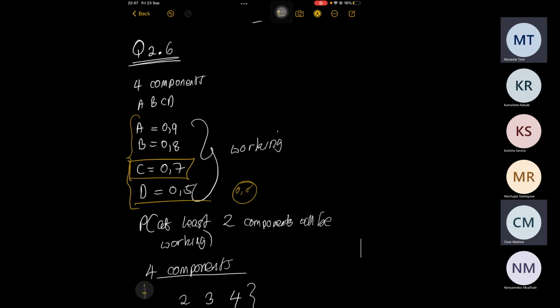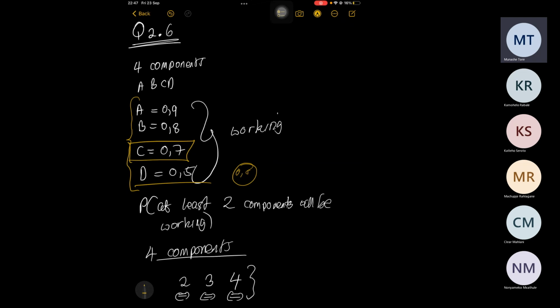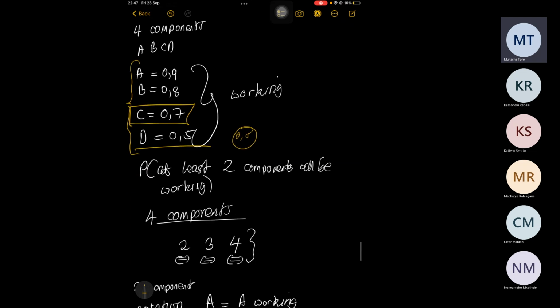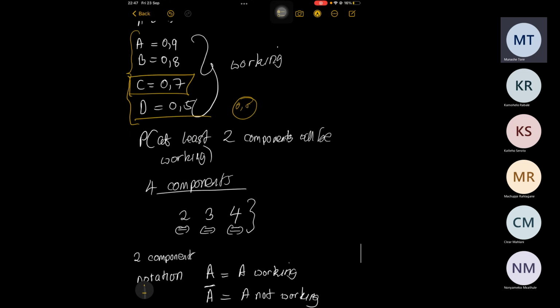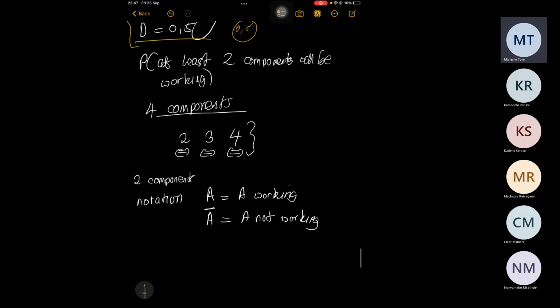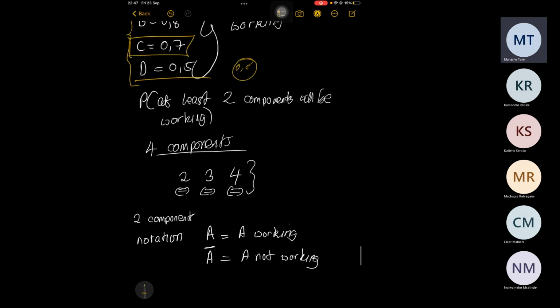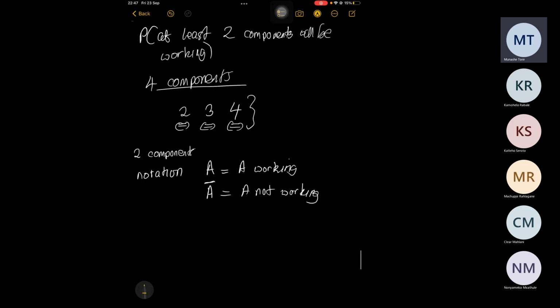Because if, let's assume, they said the probability of working for all these components is the same, like when the probability of working of all the components is a single value, then you can use counting methods. But in this case, considering that the probabilities are different, you can't use counting methods. It's going to be a bit difficult because the probabilities are not the same.